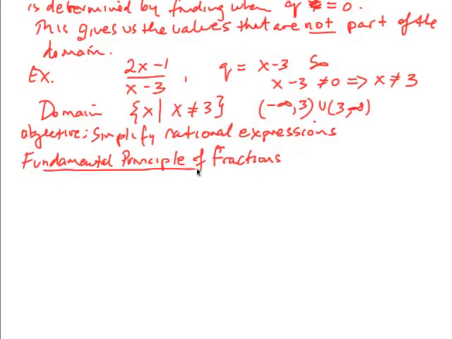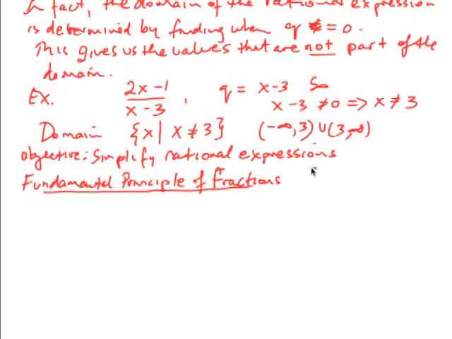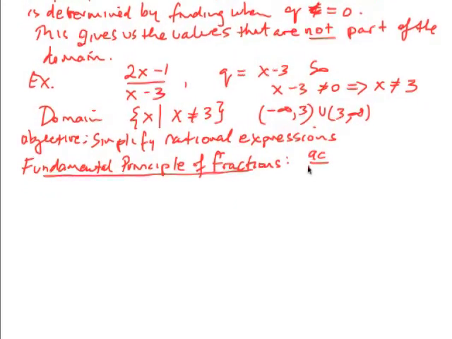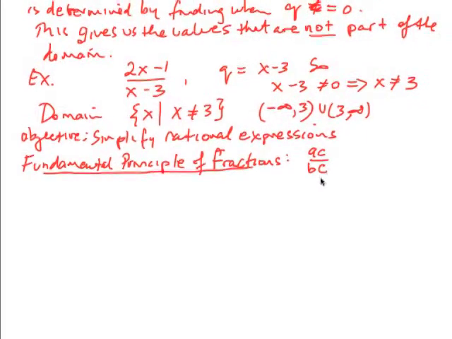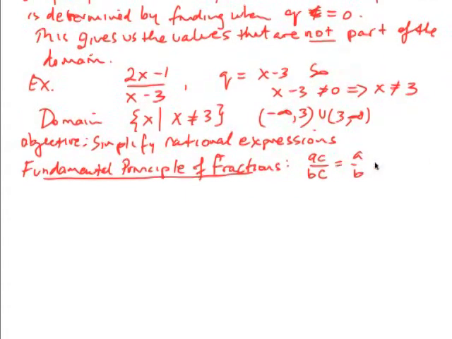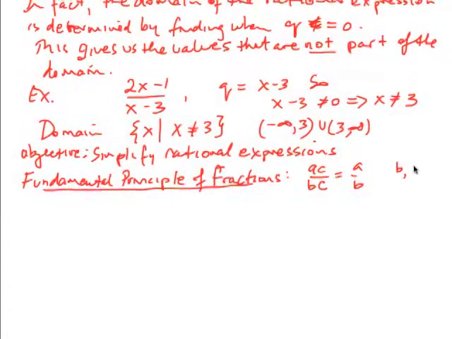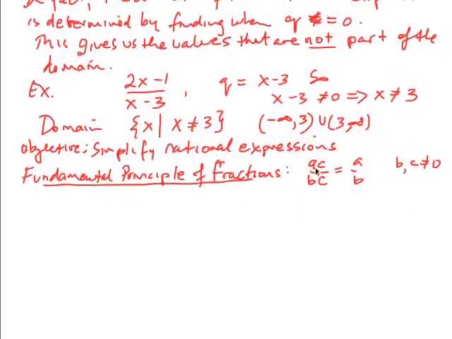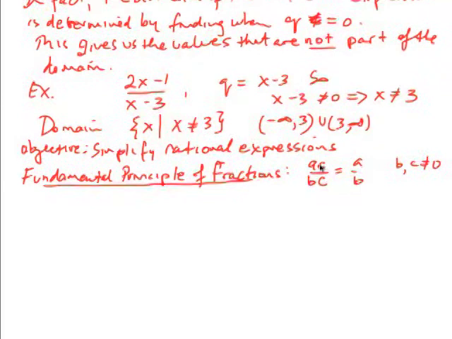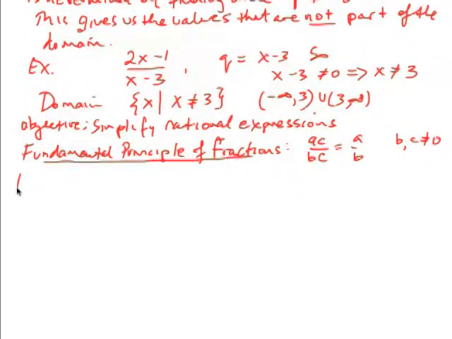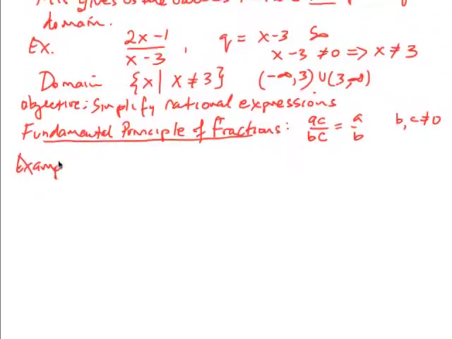It says that if I have A times C over B times C, then I can write this as A over B. Notice both B and C here can't be equal to 0. This is saying that if I have a common factor in the numerator, which is the top part, and the denominator, which is the bottom part, then we can factor that out. So let's look at some examples of doing this.